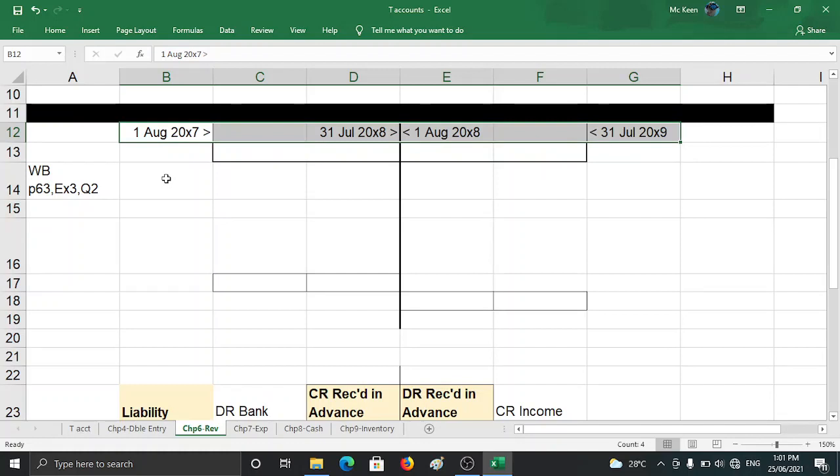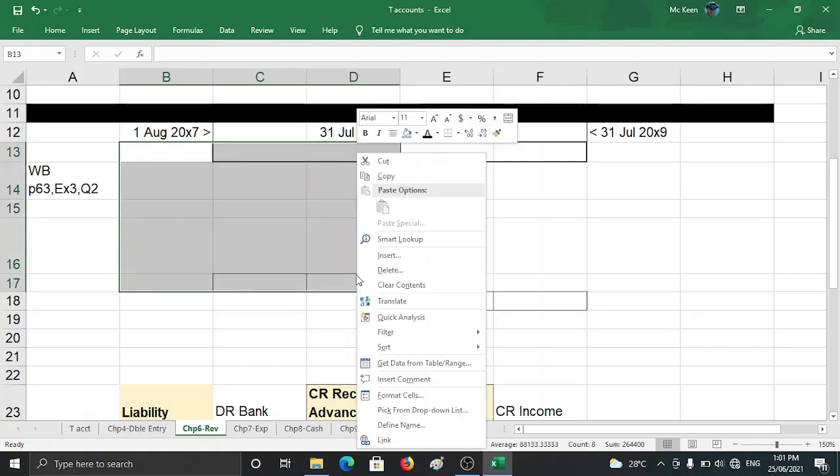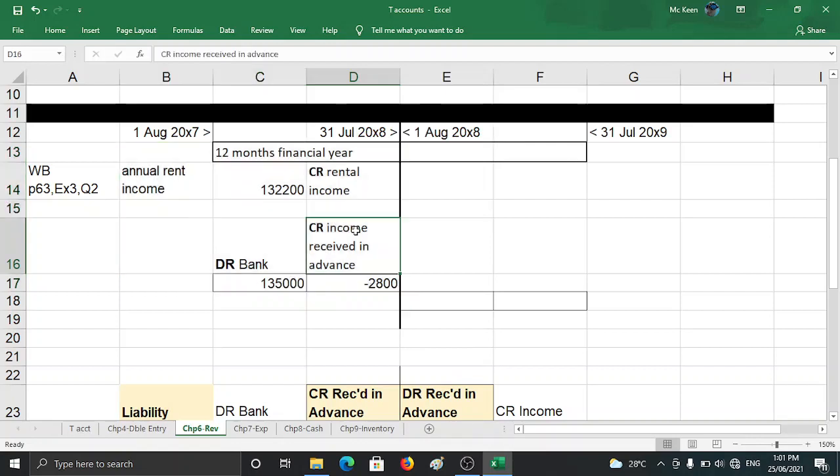So what happened? They receive 60,000 as rental income, out of which this rental income is for the period June 20x3 to August 20x3. That means what? That's overlapping. The year end is July. So this 60,000, one part of it is actually for the year, the extra is for the following year.